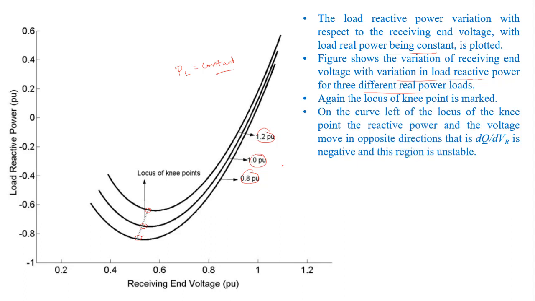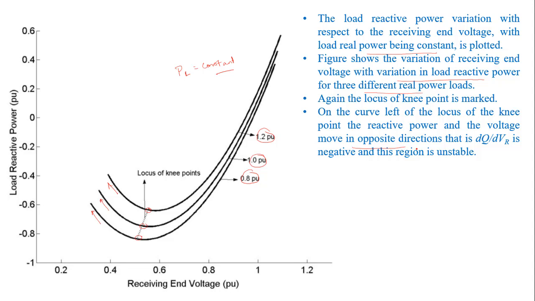On the curve left of the locus of the knee point, the reactive power and the voltage move in opposite directions. As we can see here, the slope to the left of the knee point is negative. So you can see very easily that the voltage and reactive power both move in opposite directions.